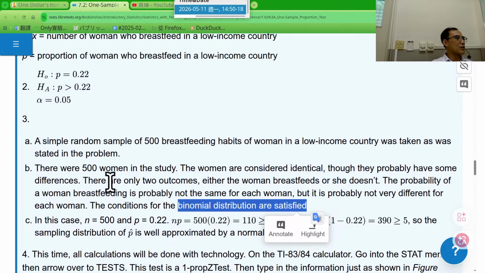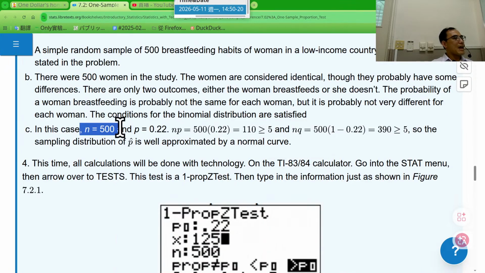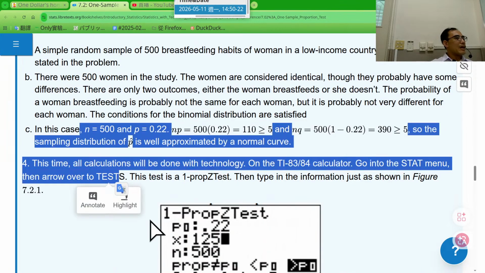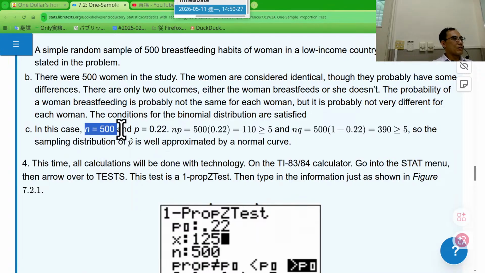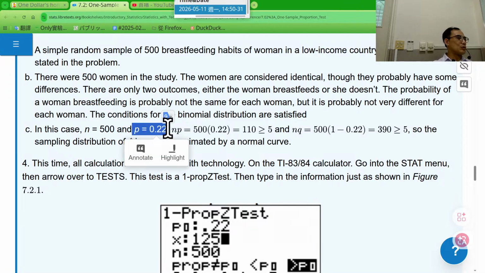Okay, and question C. In this case, the sample size N is 500, and P is 0.22.